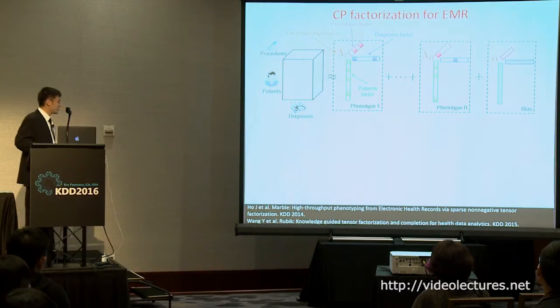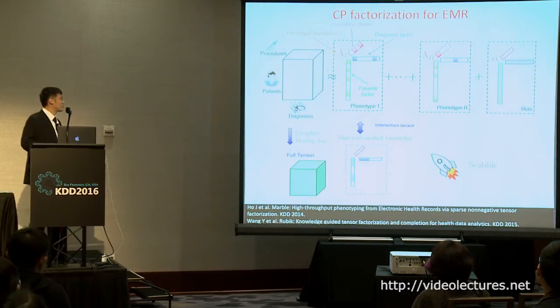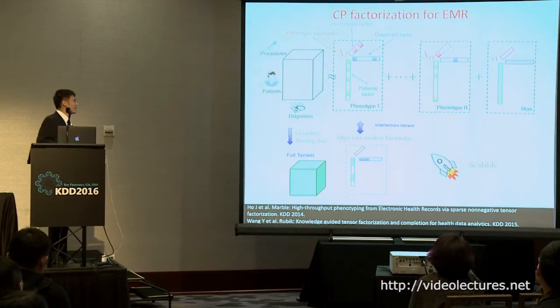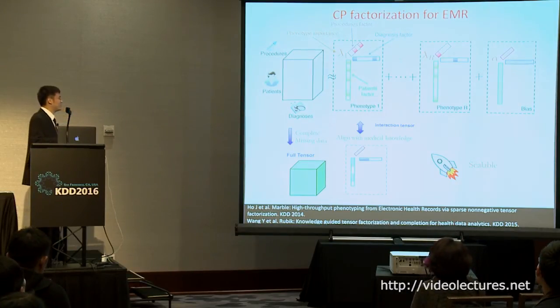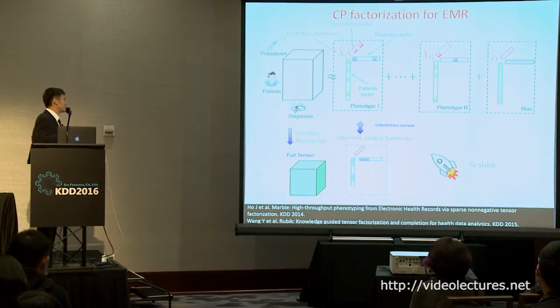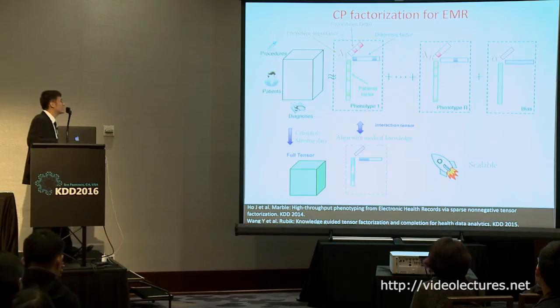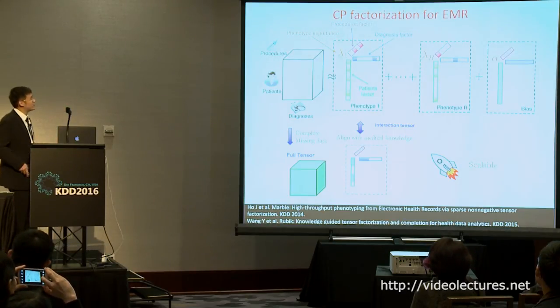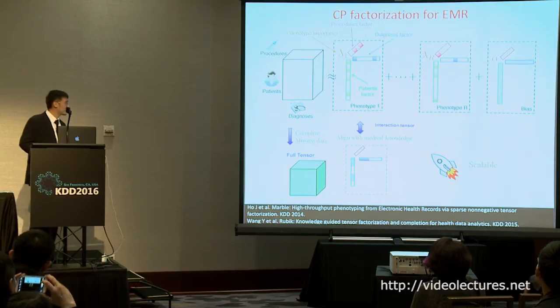And in 2015, the same group also published a paper to upgrade their algorithm. They align with medical knowledge here, make the factorization scalable, and also do some missing value imputation to make the tensor a full tensor. So this part of the research is CP factorization from EMR.